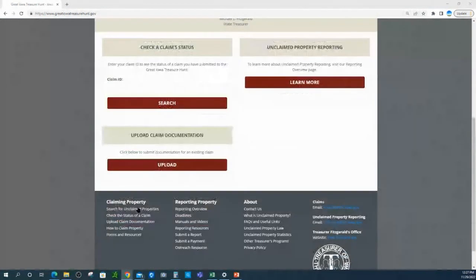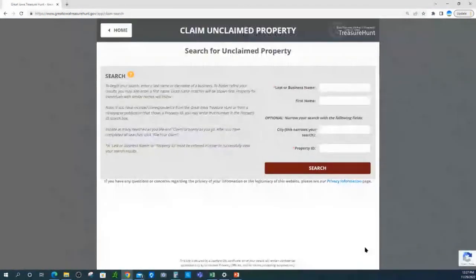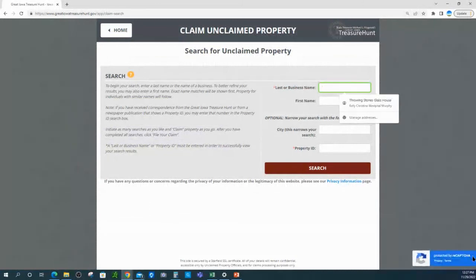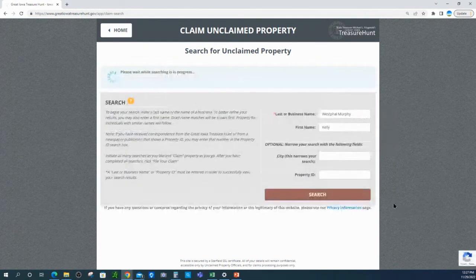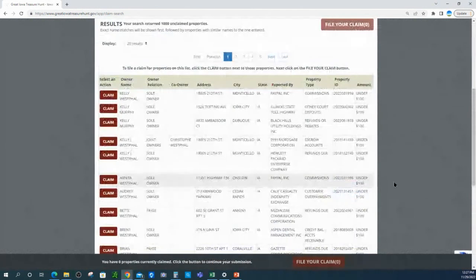You can also search for unclaimed property. So let's just see if I have any money out there that I haven't claimed. You put your name in.